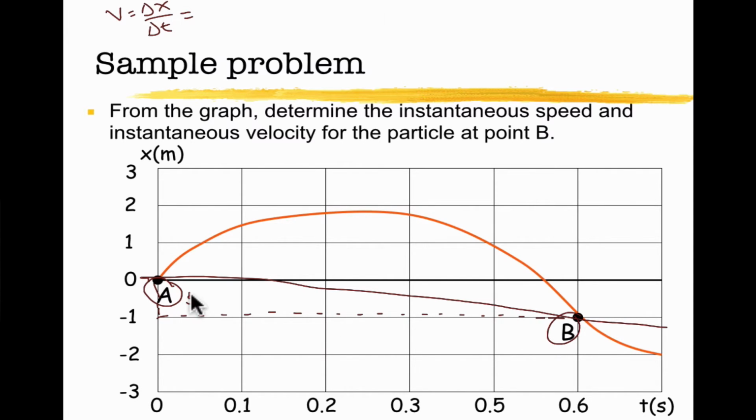So change in x for this line is -1, and our change in time is 0.1, 0.2, 0.3, 0.4, 0.5. Oops, okay, so 0.5. So -1 over 0.5, so this is -2 meters per second.